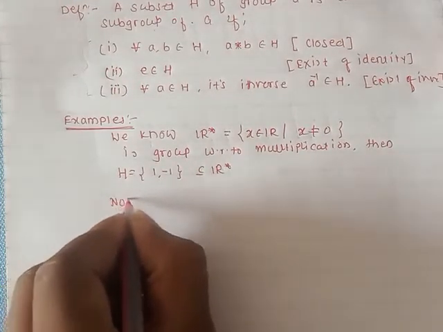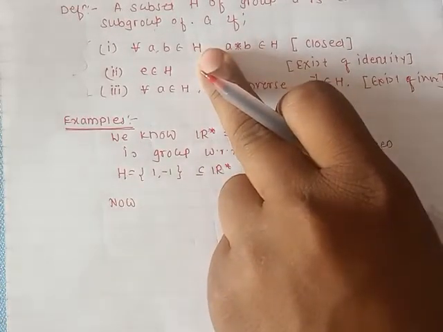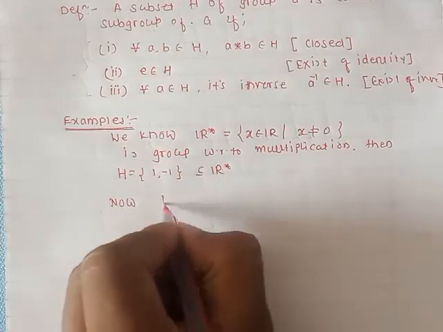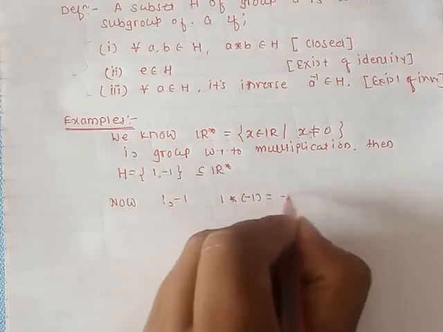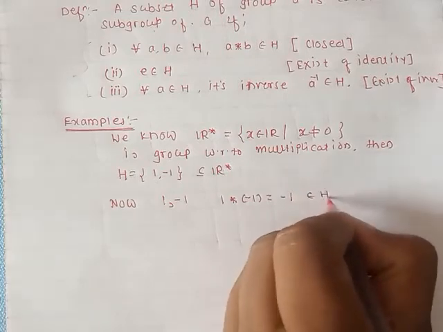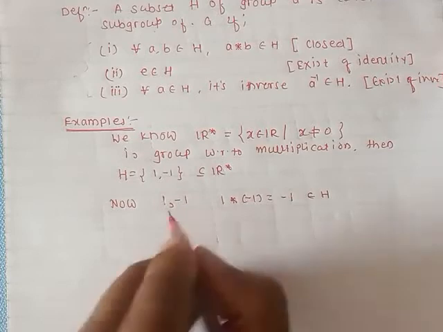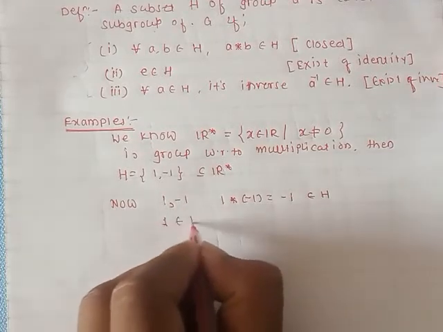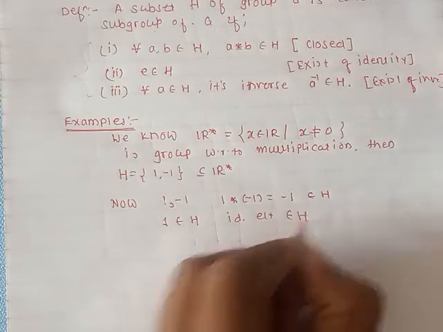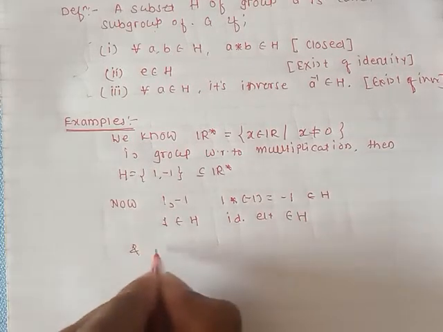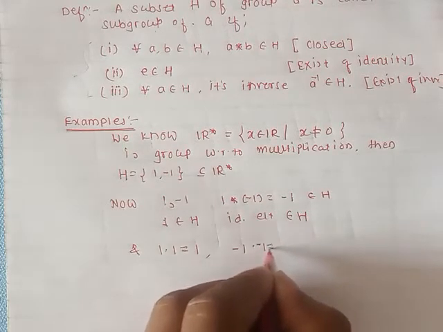Now if I validate the first property, if I am taking any two elements 1 and minus 1, so 1 into minus 1 is equal to minus 1, which belongs to H. Identity element also belongs to H. 1 belongs to capital H, that is, identity element belongs to H, and 1 into 1 is equal to 1 and minus 1 into minus 1 is again 1.